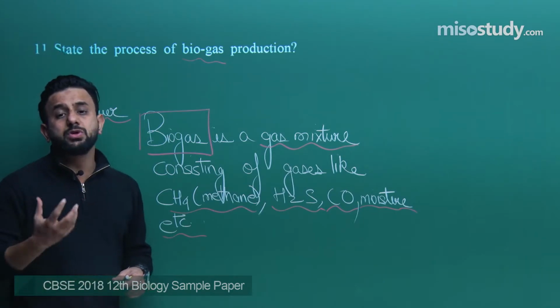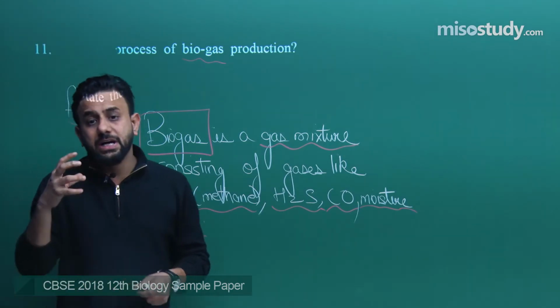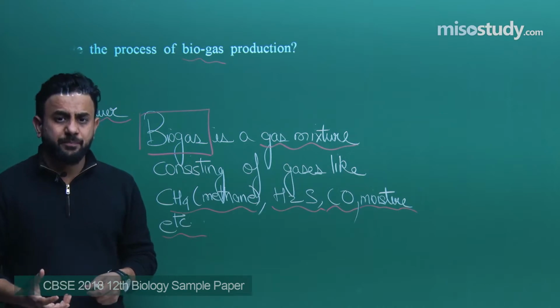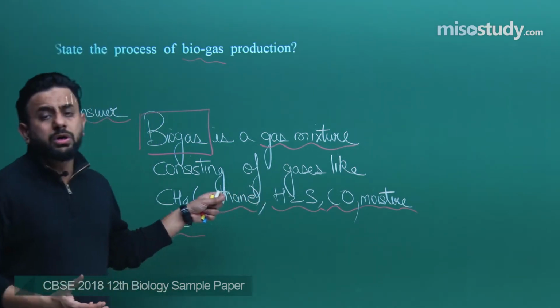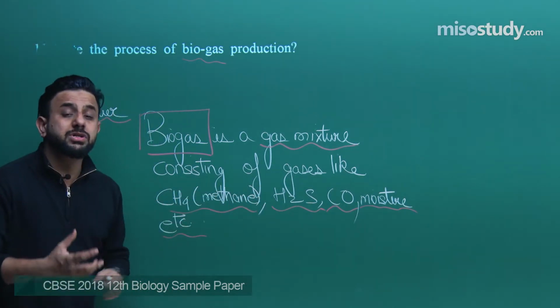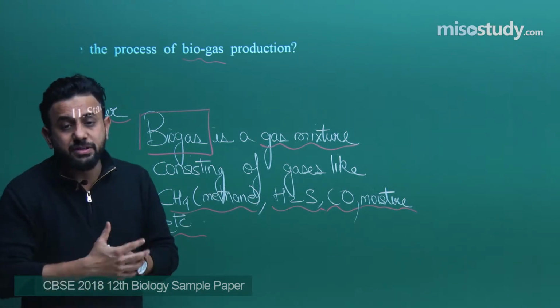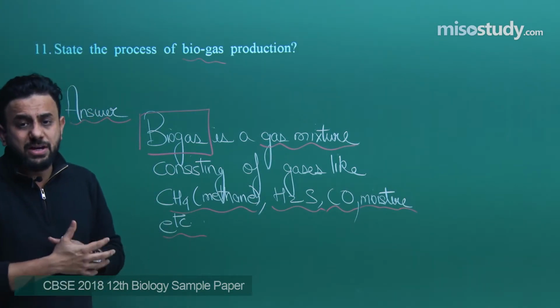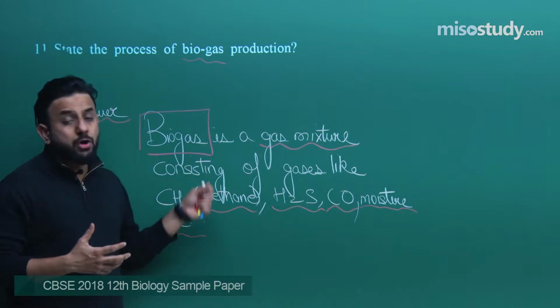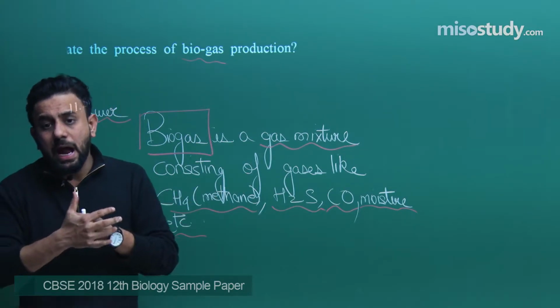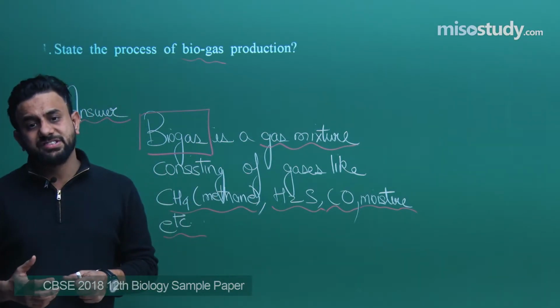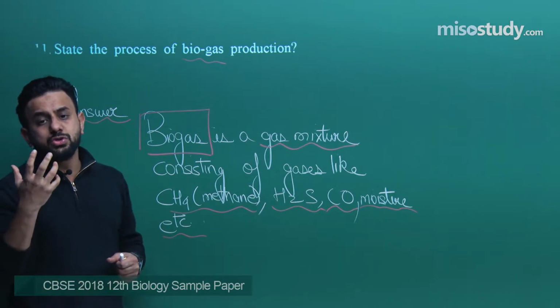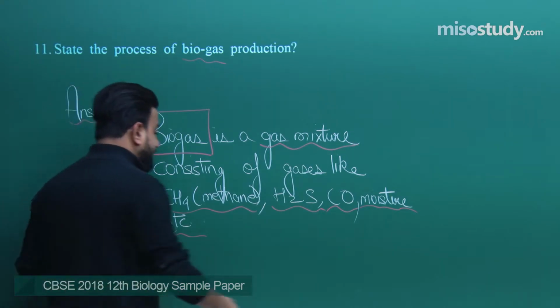This energy can be used for cooking and other things. Just like natural gas can be compressed in the form of CNG, compressed natural gas, these biogases can also be compressed and used for other utility works.